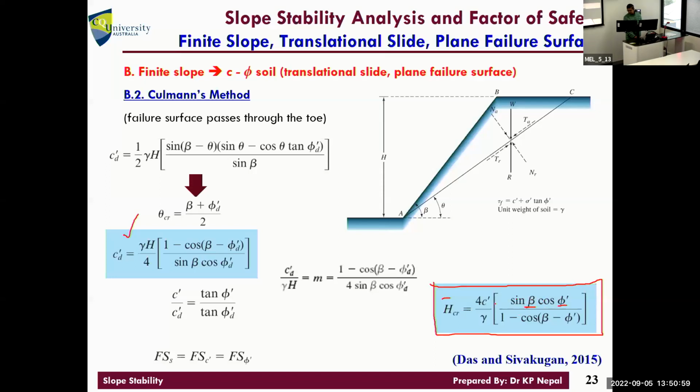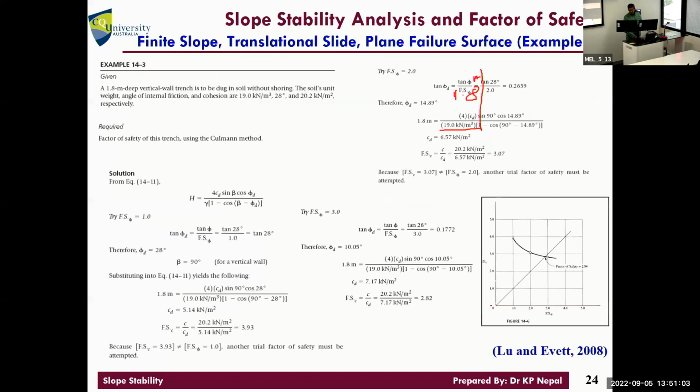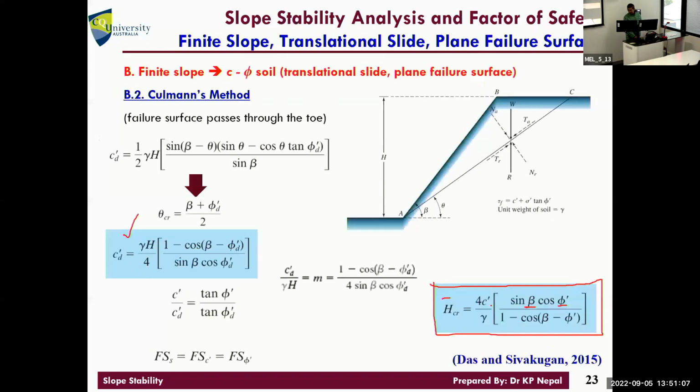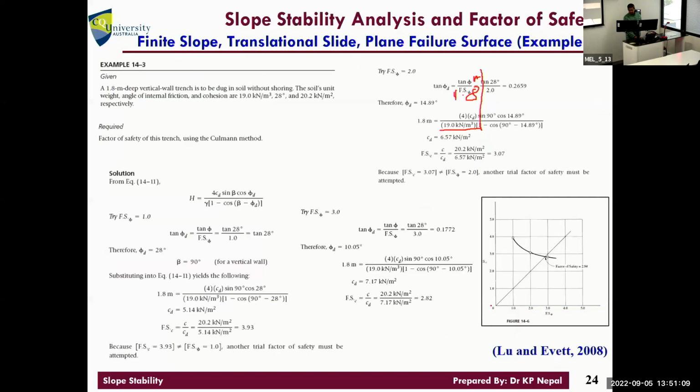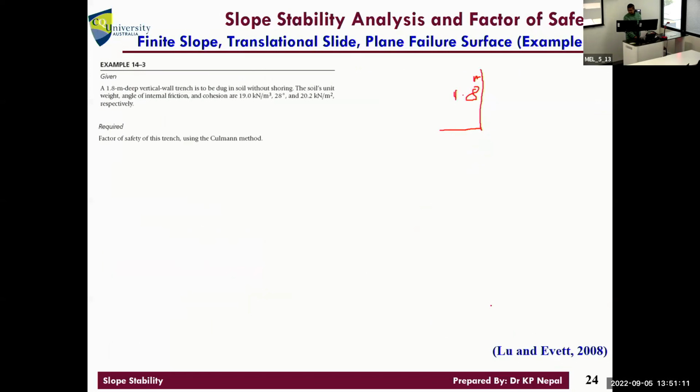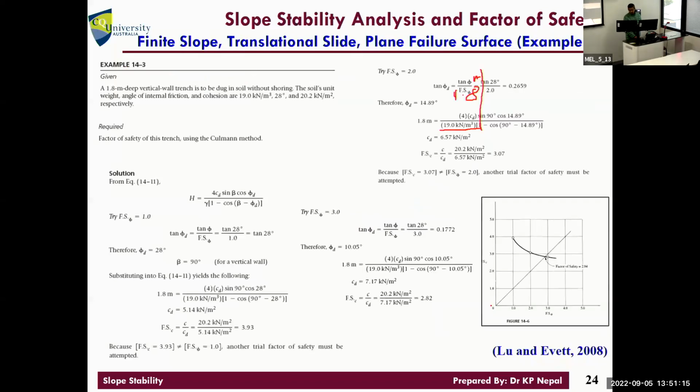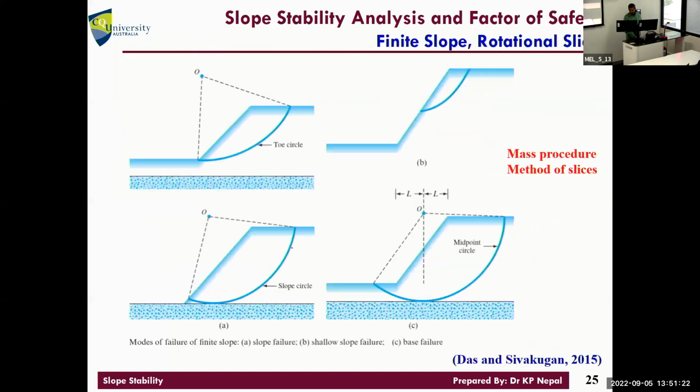But CD depends on that. So how do you get both at the same time? Sine beta cos delta, right? Yeah, that's it. That's 1 cos beta minus phi. The critical height is that. Beta equals, so you need to use that for tan phi, so for tan delta.